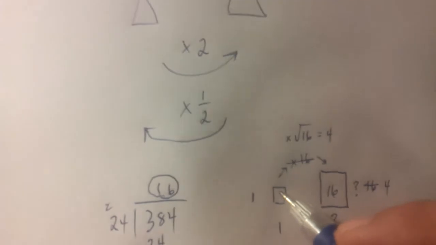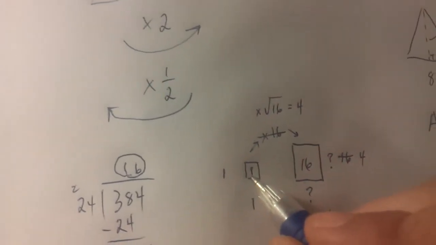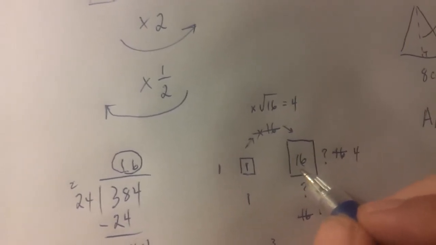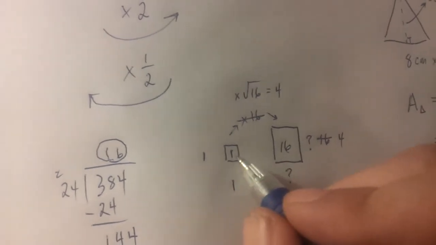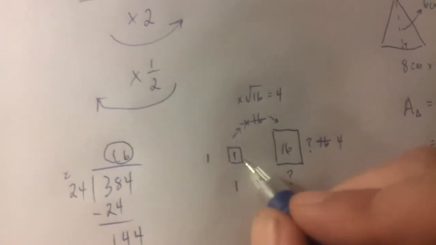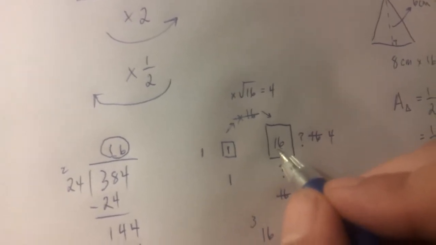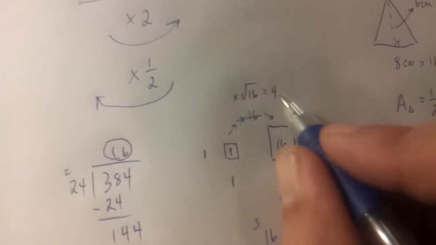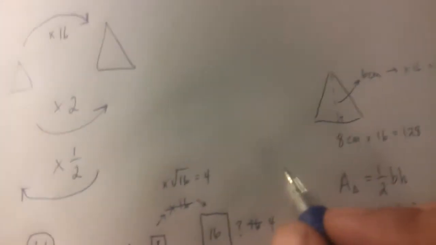Now you see that the area of the small one is 1 times 1, base times height, is 1, and the area of the larger one is 16. Their areas are related by 16 to 1. And you see that their sides are related by the factor of 4. That's going to be the scaling factor. So let's look back up here.